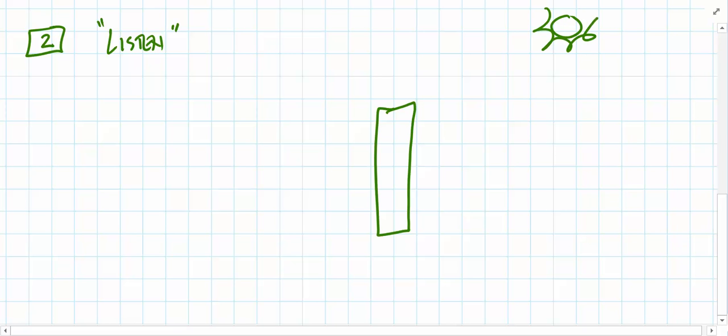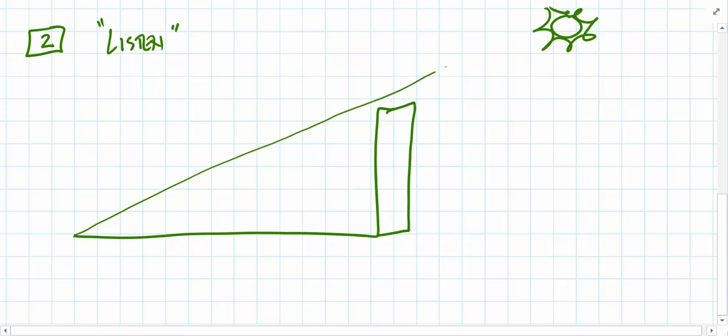The angle of elevation that it makes from the horizon is 28 degrees, so from the horizon up to there is 28 degrees. It casts a shadow, which is the shadow here, and the shadow is 45 meters. The question was, how high is the building?